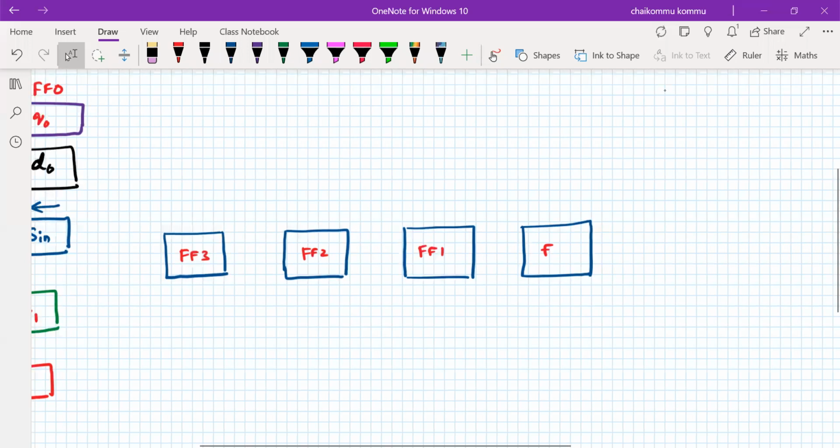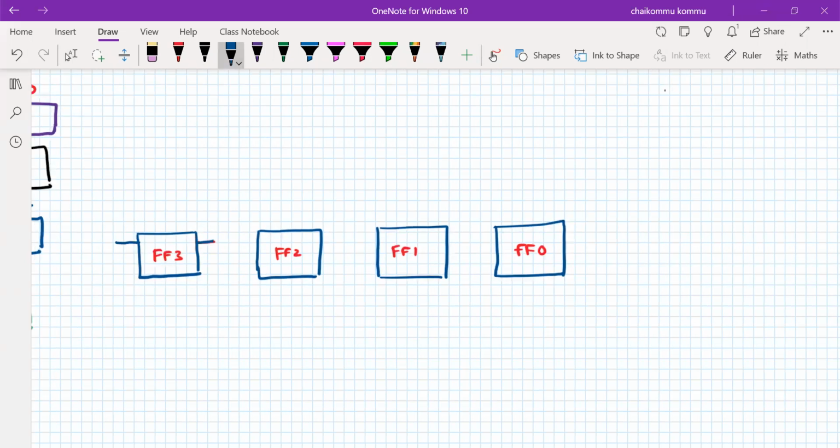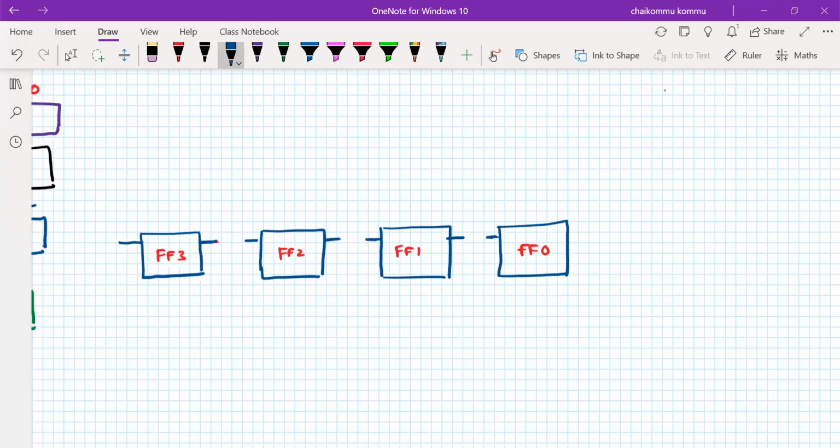So the output of this one is, for example, here. I think it is better to take this as the input. This is the D input, this is the D output. D input, D output. D input, D output. Okay, and every flip-flop has got a clock signal. Every flip-flop has got a reset signal.